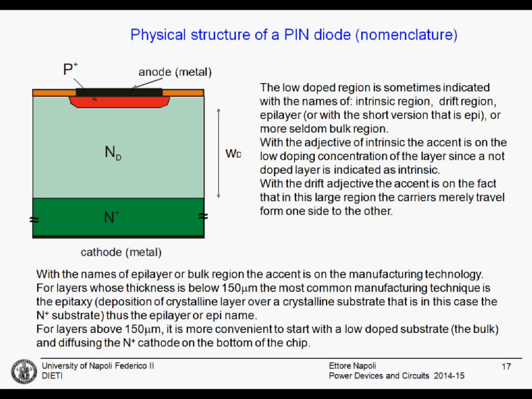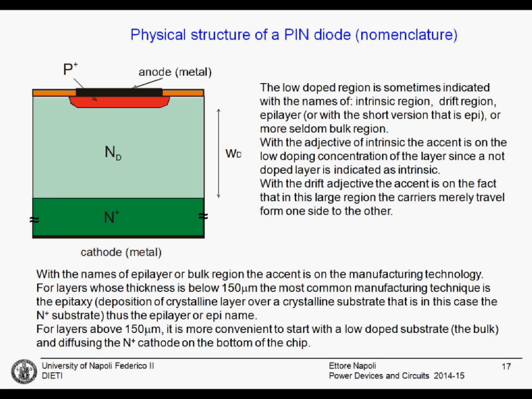And when this is an epilayer region, we start from the substrate, and with an epitaxy process, we grow this intrinsic layer. This is done for low voltage devices, few hundred volts. For very high voltage devices, this layer is too thick in order to allow this epitaxy, that is also an expensive process. And in this case, maybe you use a bulk region.